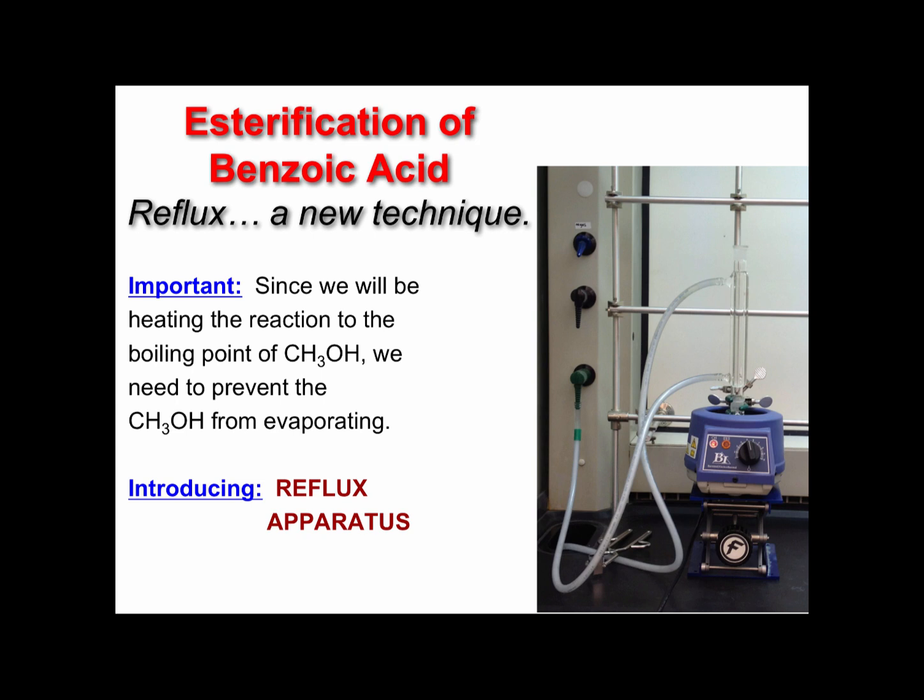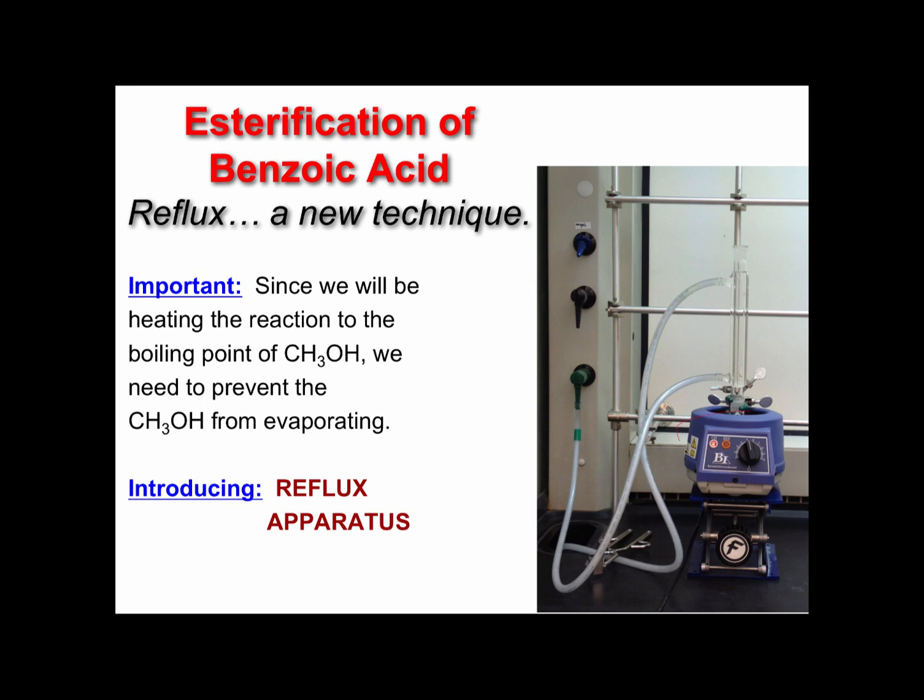So what do we do? We use a reflux condenser. A reflux condenser is our condensing tube that we've used already. We used it in the steam distillation. But now what we do is we attach it directly to the round bottom flask, which is where the reaction is taking place. So in this picture, you will see the heating mantle.